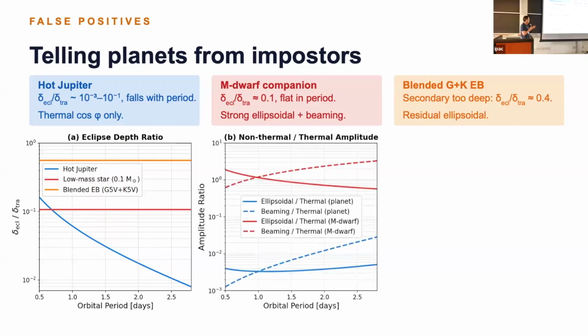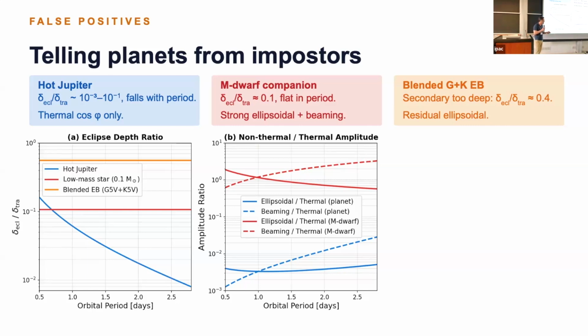And indeed, there is an overlap at a very short period. I'm not ignoring that. In this plot, I'm trying to show how this works for the ratios of the thermal emission amplitude compared to the ellipsoidal distortion amplitude, meaning the ellipsoidal distortion of the star due to tidal forces from the planet or the companion, and also the Doppler boosting amplitude due to the orbital motion of the star.